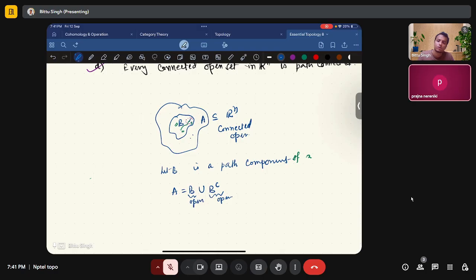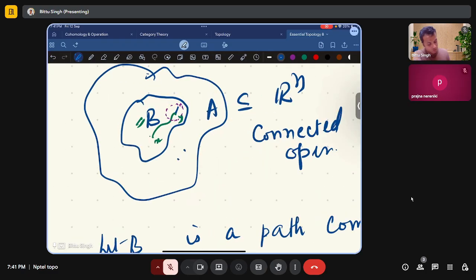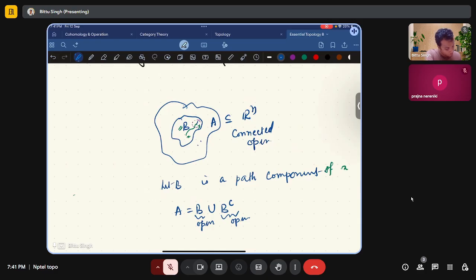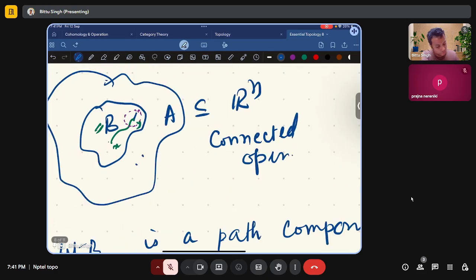Yes. So I have assumed B is the path component of X. Okay. So take a point from its complement. Suppose Z is a point from the complement of the path component.